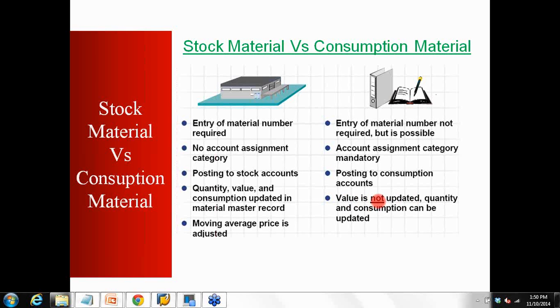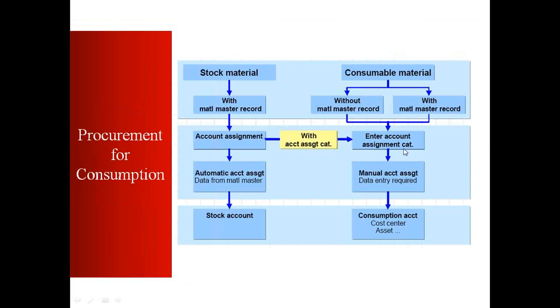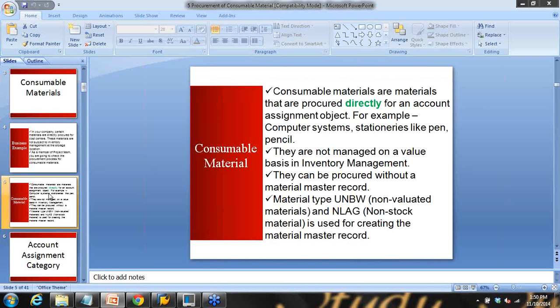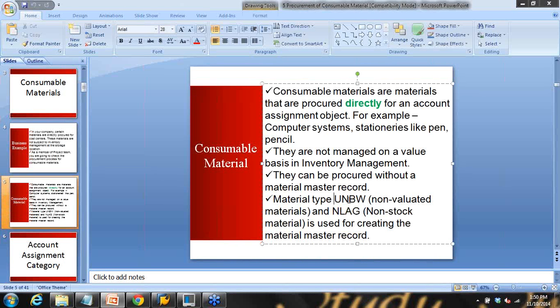If you want to maintain the quantity and consumption, then you need to maintain them as either this one or that one. If you maintain it as this NLAG material master record, that means non-stock: we're not maintaining the stock, however the values can be updated.